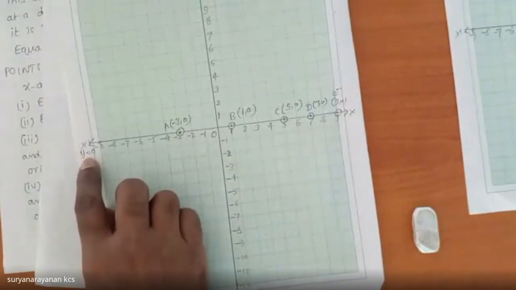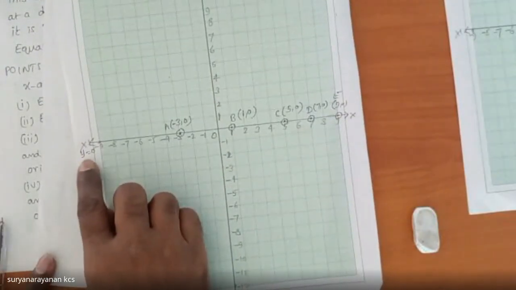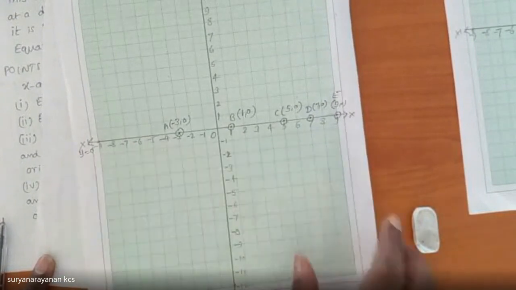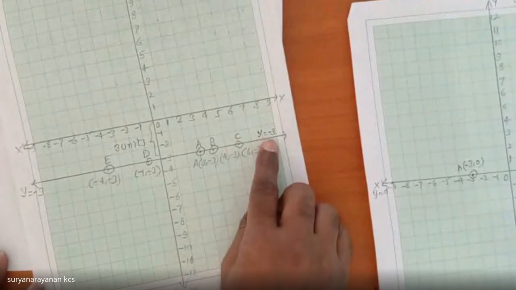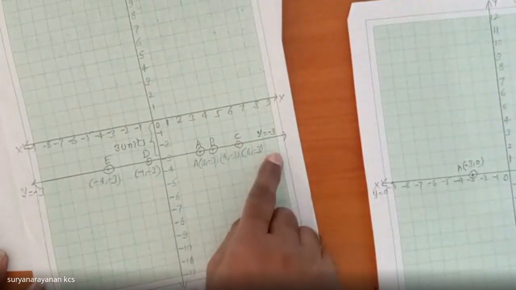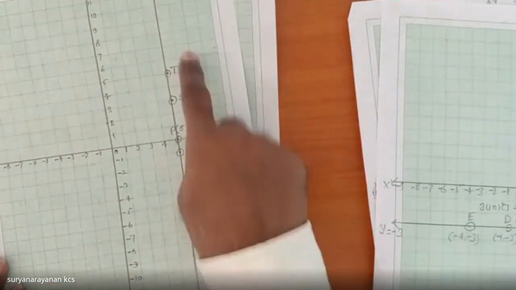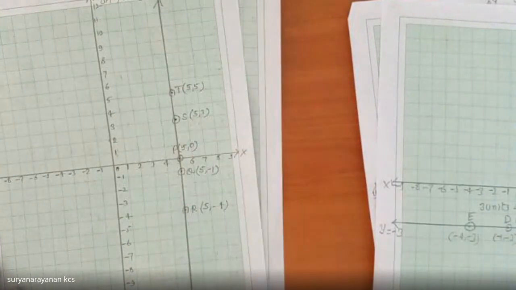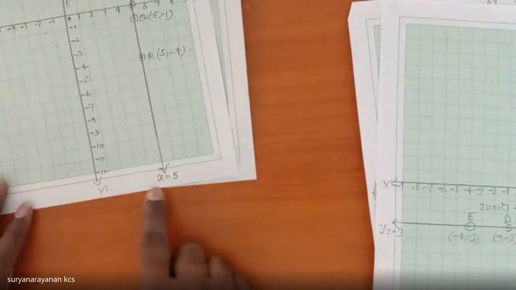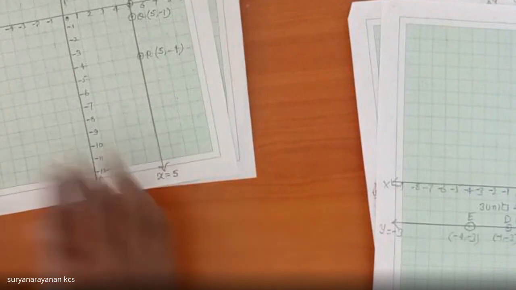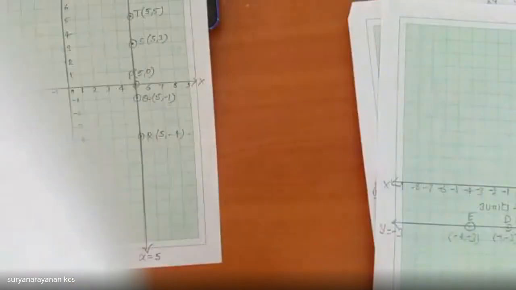On the graph you should write the equation. Here also I wrote y is equal to -3, on both sides. For this graph also I wrote x is equal to 5. One side is enough. You should write x is equal to 5. Okay.